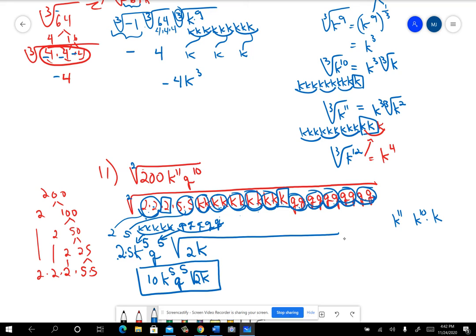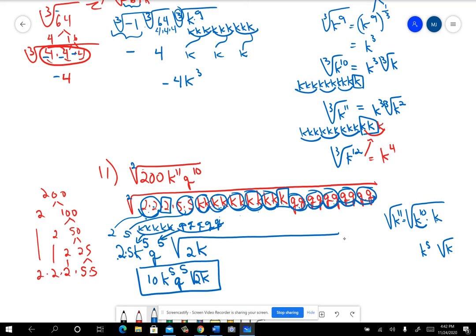And then if you were trying to do square roots, you can think about how these 10 k's would be all paired up. So there'd be 5 pairs, and then that k would be left over. So sometimes when I'm doing it, if I'm trying to do the square root of k to the 11th, this is what I actually think. And then I think about those 10 k's.